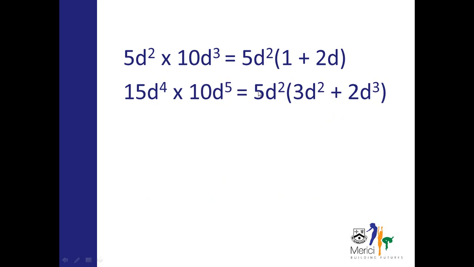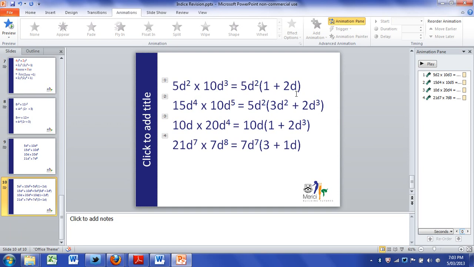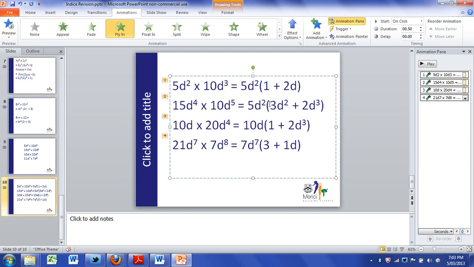Highest factor of 15 and 10 is 5. I've actually made a mistake on this one. I've copied it from the top. D to the power of 4 actually is the highest here. So the answer should be d to the power of 4, like this, and then 3d.